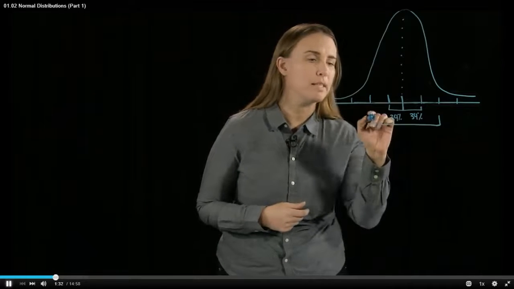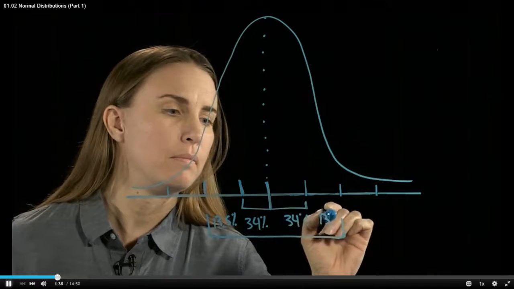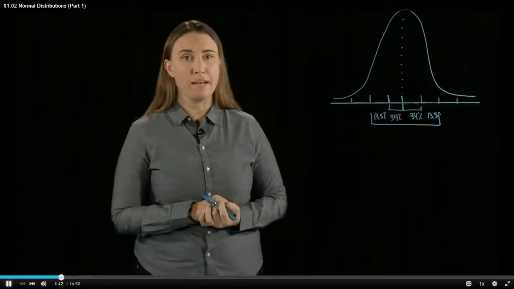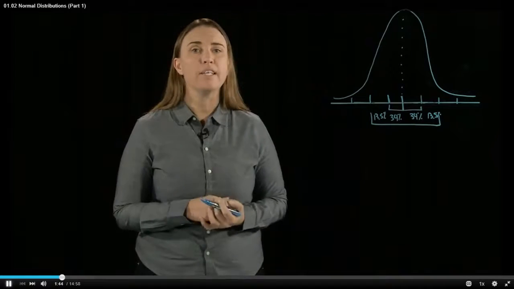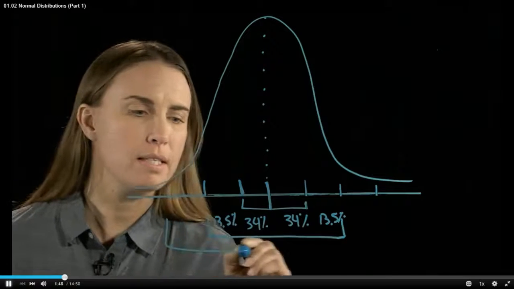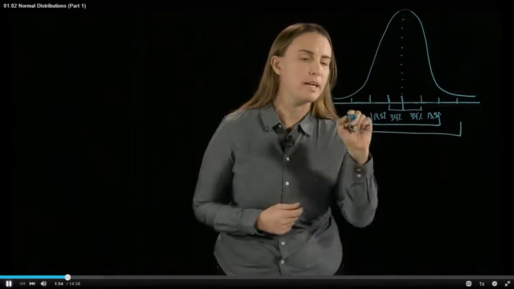That means an additional 13.5% on each side. Then 99.7% of the dataset is within three standard deviations, so within this space here. That would be an additional 2.5% on each side.